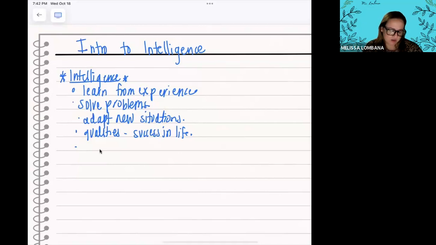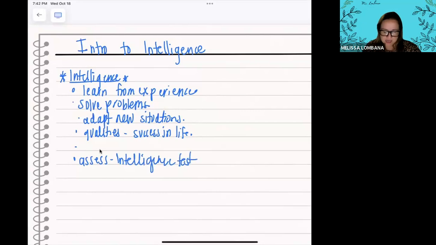Under intelligence, I also want you to write down how we assess intelligence, at least for us: intelligence tests. Intelligence tests are basically individual aptitudes, which are your natural abilities, and you're going to compare them with others of your same age and those scores.